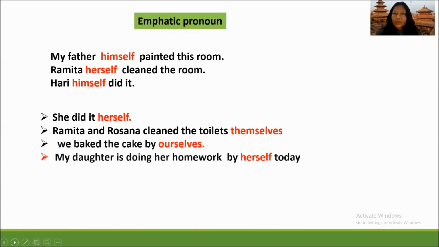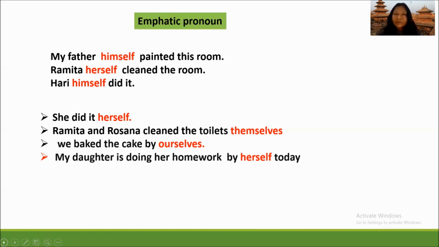Okay, once again, I want to repeat it. Emphatic pronoun is used to emphasize a noun phrase and the self form is stressed. For example, my father himself painted this room. Here, himself is stressed and the emphasis is on my father, and this means my father, not someone else, painted this room. In the same way, Ramita herself cleaned the room. Here, herself is stressed and Ramita is emphasized.